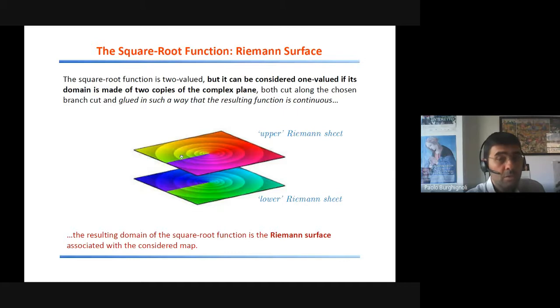That's because if you do that, you maintain continuity of the branch of the square root. So you continue your tour in the bottom sheet again, following a circular path from the green to blue to dark blue, and finally you cross again the branch cut in the lower Riemann sheet and you pop up again to the upper sheet.